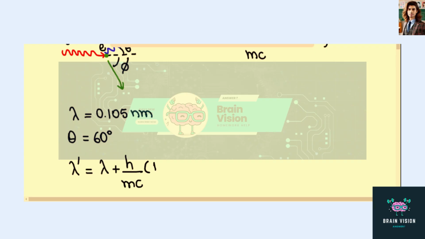In order to calculate lambda prime, I'm just going to put it into the Compton scattering equation. So we have lambda prime is lambda plus h over mc times 1 minus cosine of theta. H over mc is Compton's wavelength, and it's equal to 2.43 times 10 to the minus 12 meters.